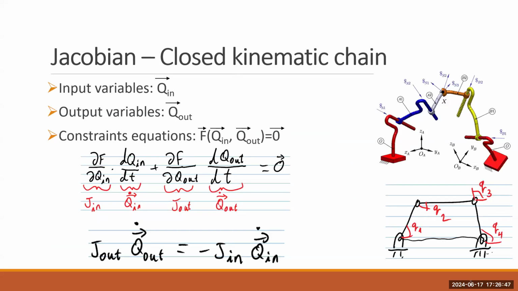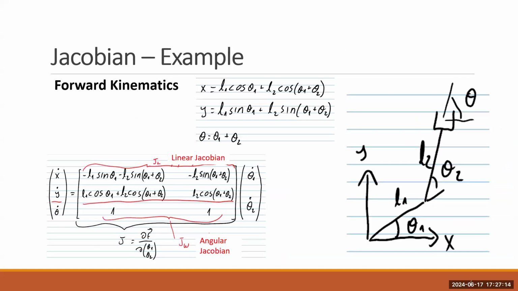Now, if we take a closed kinematic chain, so we have a mechanism which is closed, not an arm, but something more complicated, like the 4-bar linkage, as you can see here, or anything else, then we can no longer write the forward kinematics as a function of the configuration parameters.